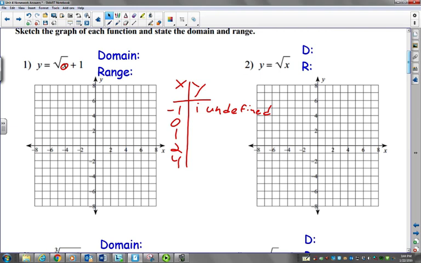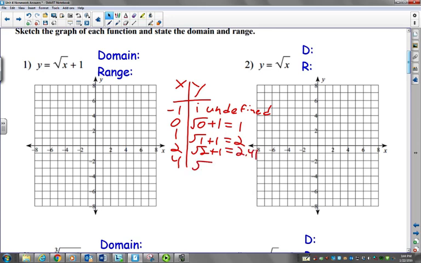Or you can come down here and actually write that out. So we do the square root of 0 and then plus 1, and so that's just 0 plus 1 is just 1. Put a 1 in there, we get 2, put a 2 in there. Ooh, that's going to be a weird number. I think from class we figured out 1.41 is the square root of 2, so I guess 2.41.